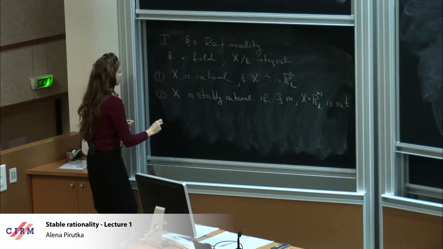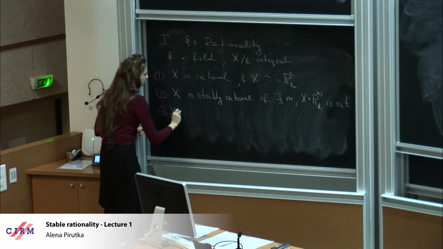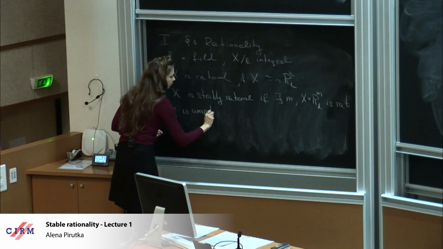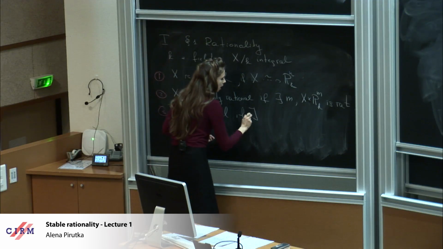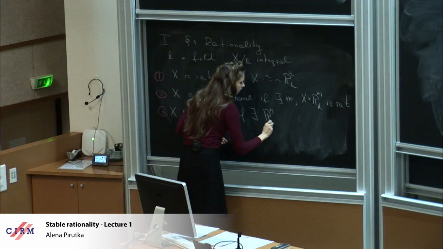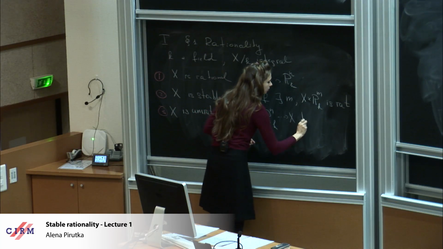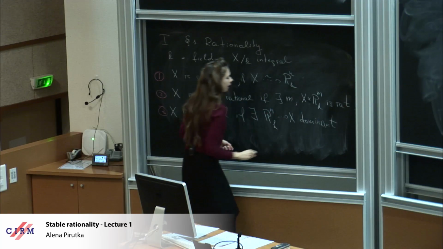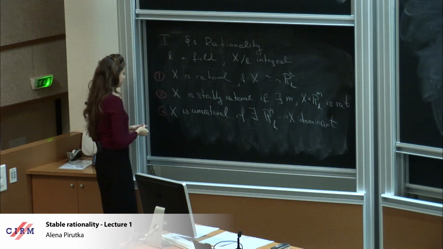Two more notions. You say that X is unirational if there is a dominant rational map from some projective space to X. Actually, you can take n equal to the dimension of X in this case over any field.